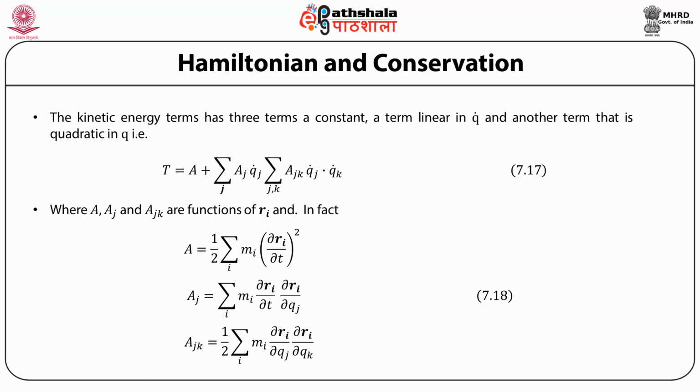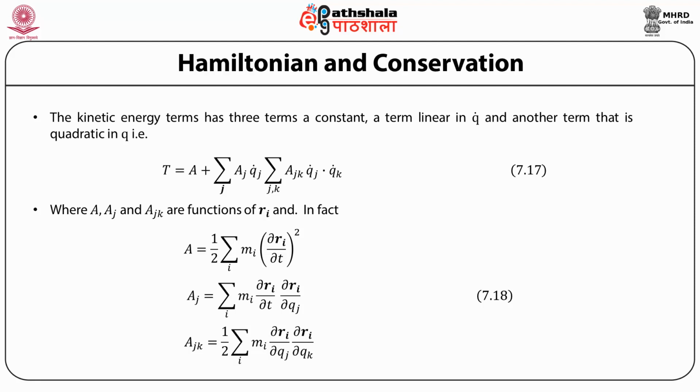Hence, in this case, the kinetic energy can be written as a homogeneous quadratic function of generalized velocities. That is, the kinetic energy T can be written as a double sum over j and k of some quantity a_jk, which is the coefficient of the product of the generalized velocities q_j dot into q_k dot.